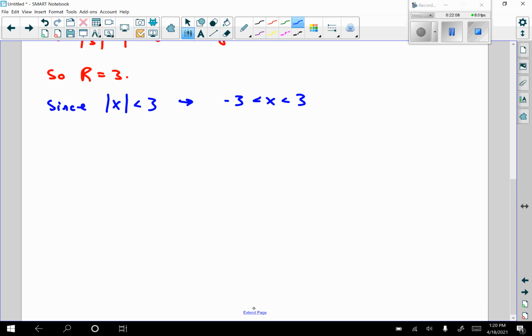And we want to test our endpoints. So when x is equal to -3, the series becomes -3 to the nth power, and then that's over n times 3 to the nth.